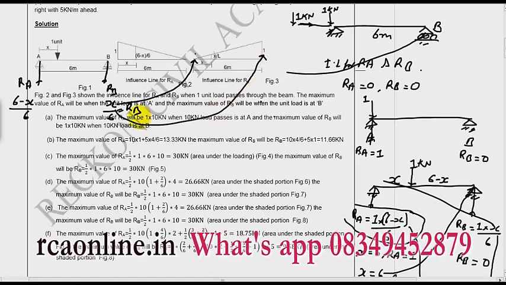And in between, at any distance x, what will be RB? It is x by L, and L is our 6, so it is x by 6. Now if you see the influence line of RA, what will you get? At x equal to 0, RA is 1.